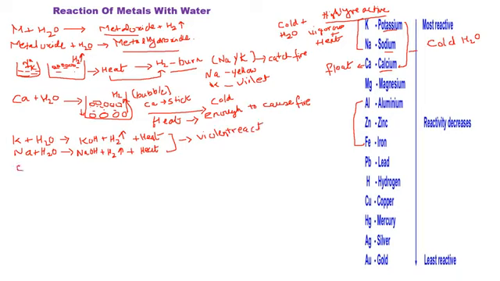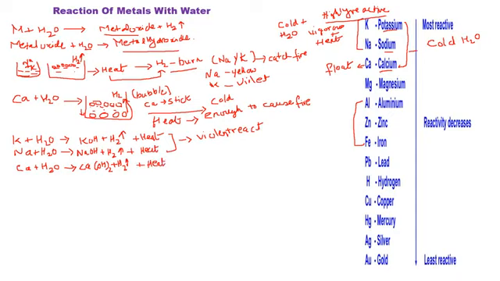Coming to the calcium plus water, it is also going to give us calcium hydroxide, Ca(OH)2. Hydrogen gas is released, and because of the hydrogen bubbles, calcium will stick to the bubbles and float at the top.